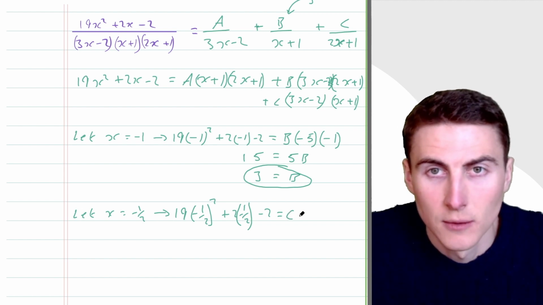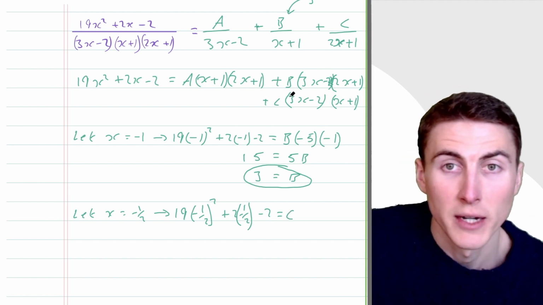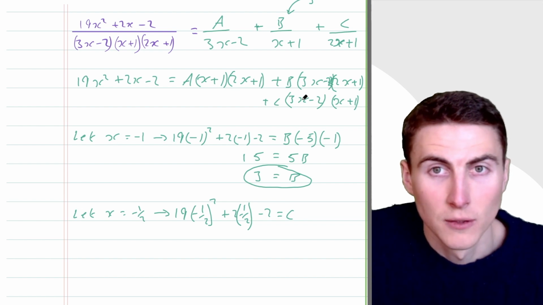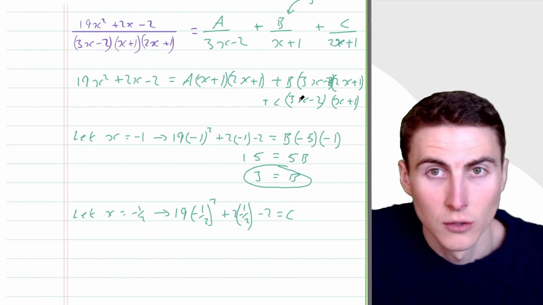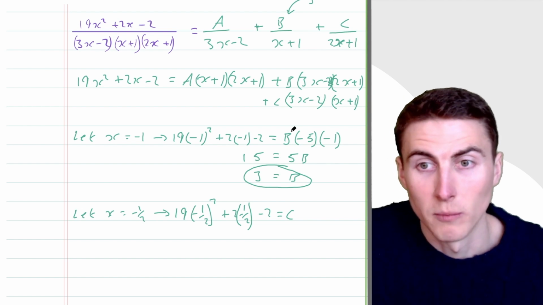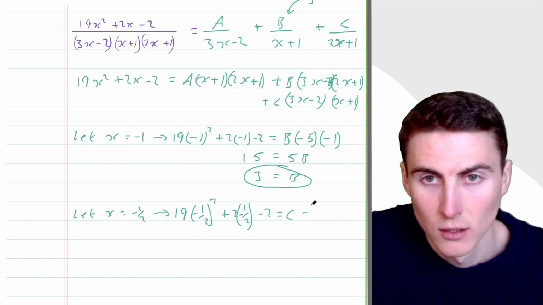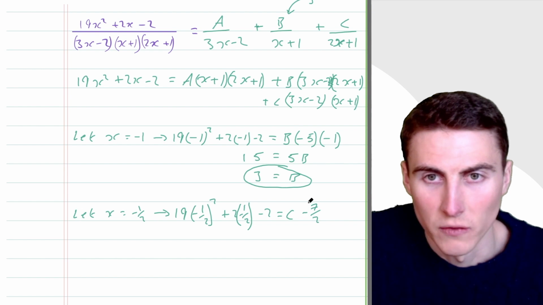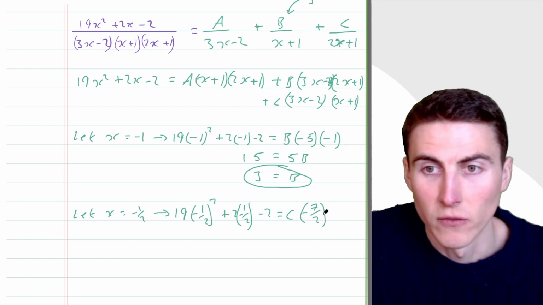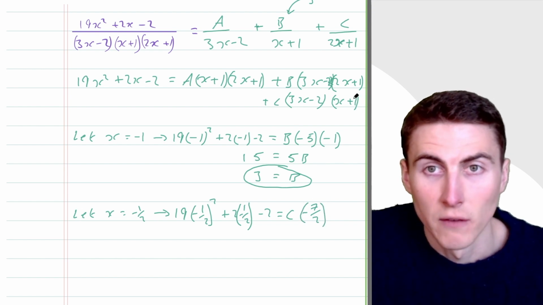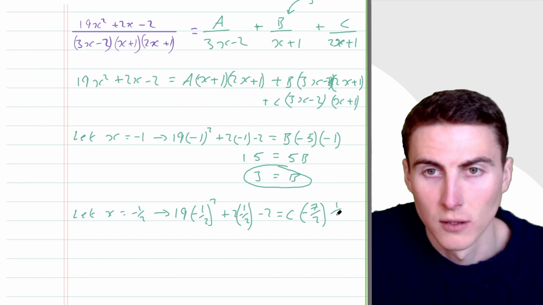So I'll have a c, and then if this is minus a half, 3 times minus a half is minus 3 over 2. Take away 2 will be minus 7 over 2. And obviously feel free to do this sort of stuff in your calculator if you want, but minus 7 over 2. And then minus a half add 1 is just positive a half.